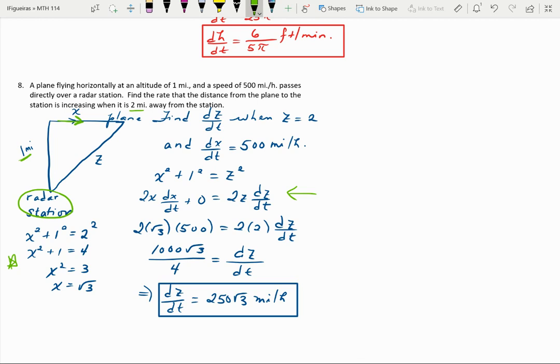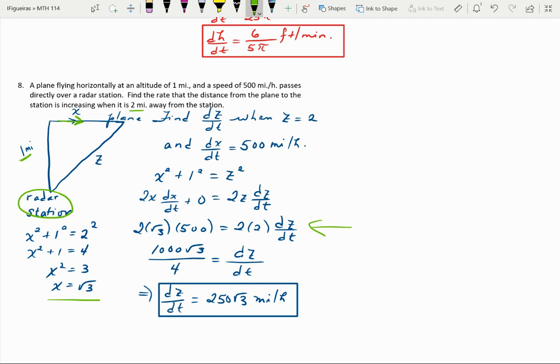So we have x squared plus 1 equals 4. Subtract 1 from both sides, you get that x squared equals 3. Take the square root of both sides, you get that x is equal to the square root of 3. Remember, that's a distance, so we do not want a negative number there. x is root 3. So now I can plug in to my equation and solve for the unknown.